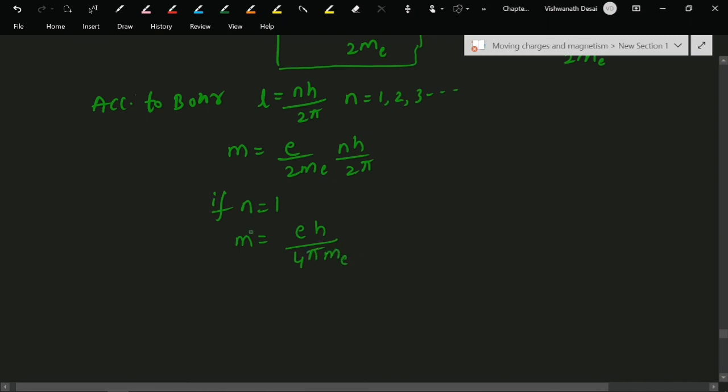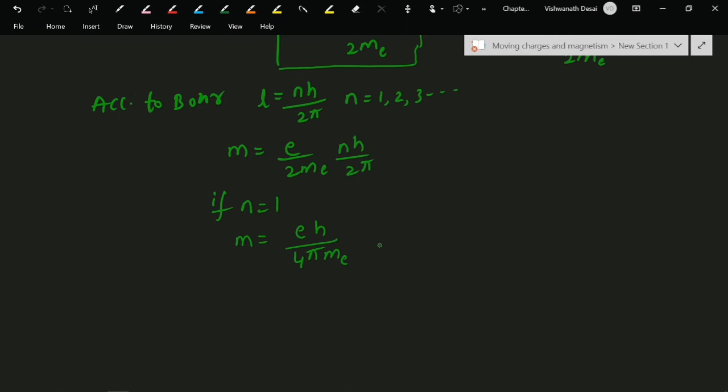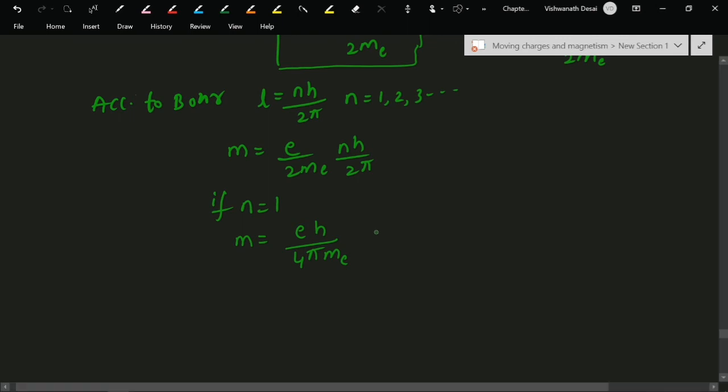And if you substitute the standard values of these constants, what are you going to get? We will see that the value comes out to be 9.27 into 10 to the power minus 27 ampere meter square.